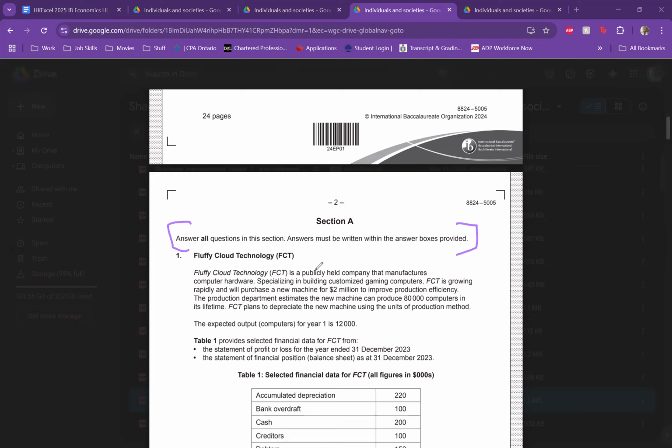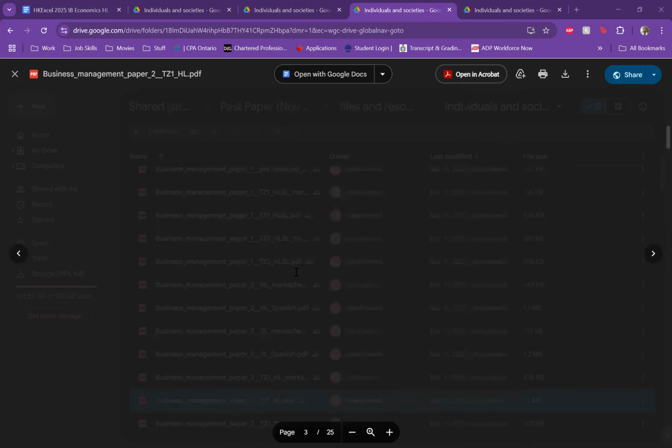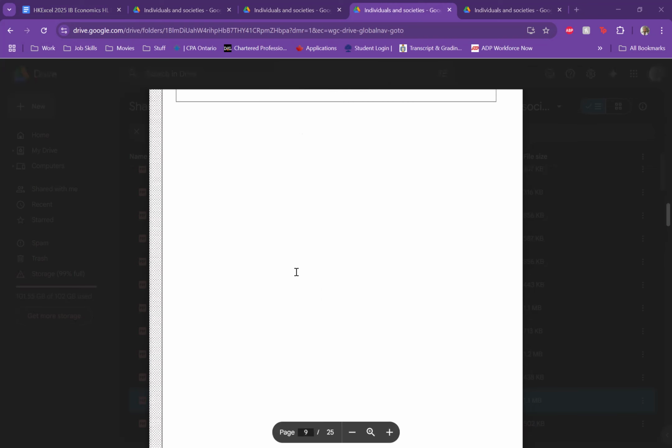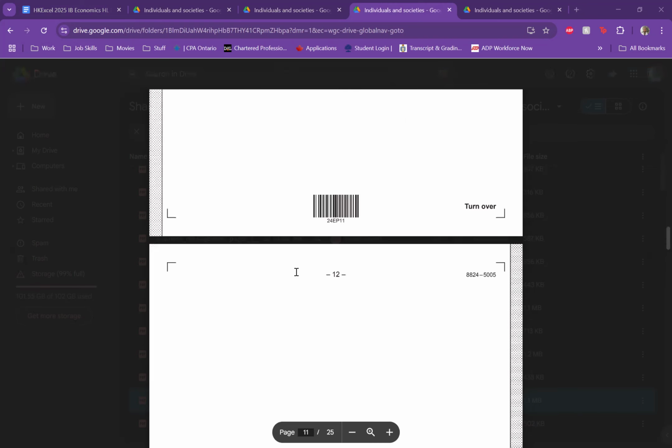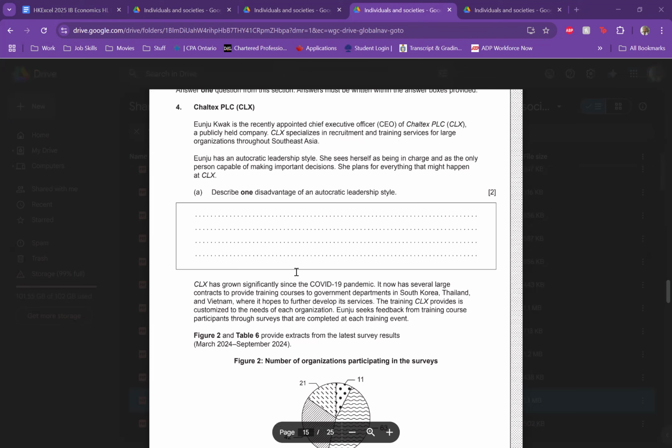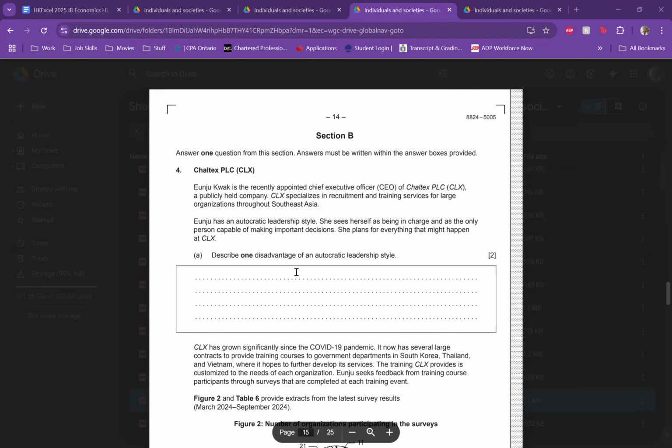It'll tell you what you need to do. In this case, answer all the questions. If we scroll down to section B, here we go. In section B, it asks you to answer only one question. So make sure to read that.